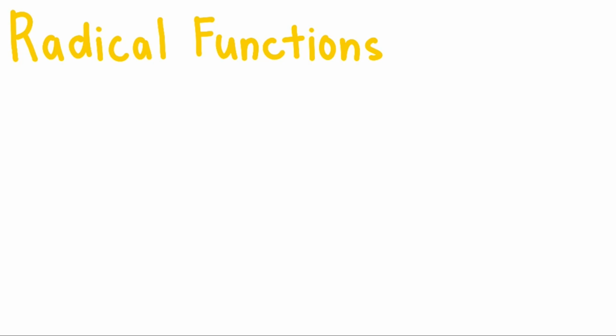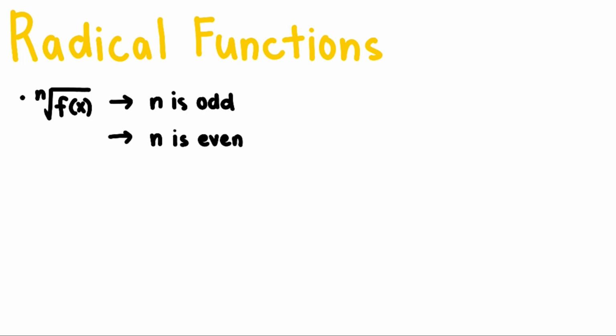So radical functions are functions of the form this one out here, wherein we know that there are two cases for n. Either it is odd or it is even. So let's start with the odd case.